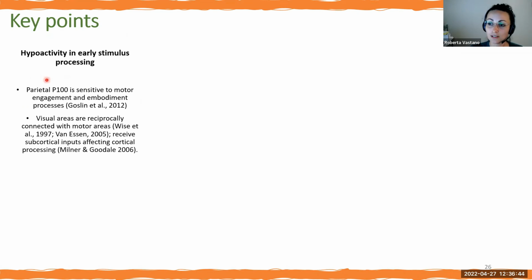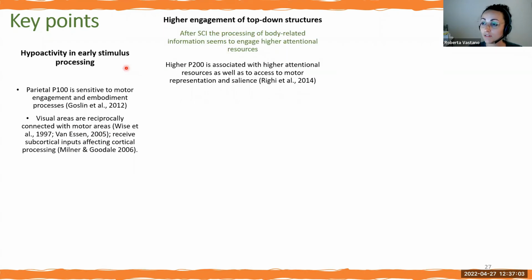But it's also true that these visual areas are reciprocally connected with motor areas that receive subcortical input. So that may also be the reason why we found this hyperactivity in early stimulus processing, in particular in the P100.